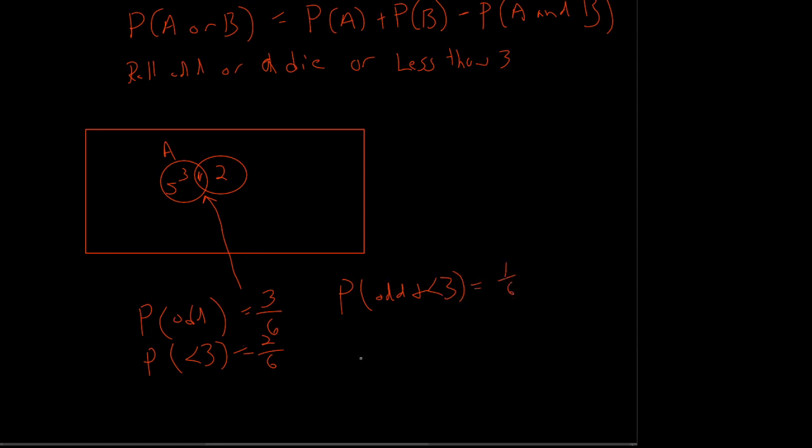And so if I put these all together, I get the probability of odd or less than 3. I have to add the probability of odd plus the probability of less than 3 minus the space that they share. And I get 4/6, or 2/3, which is approximately 0.667, 66%.